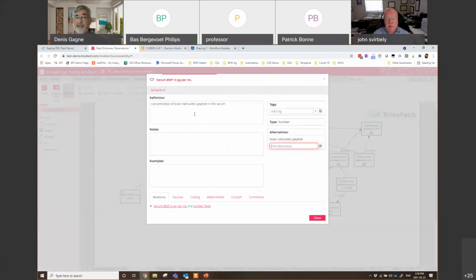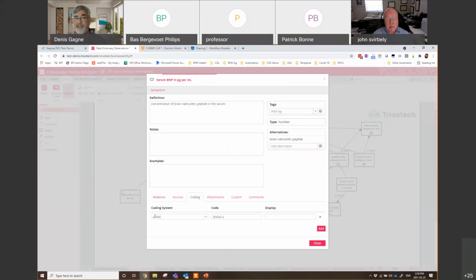This gives me access to the definition. And here I have my logical structure. This is a number without specifying the structure of the number. And I can see the coding. This particular term has been disambiguated by the LOINC code. It could be a value set, could be a series of codes. It's whatever you want to do.